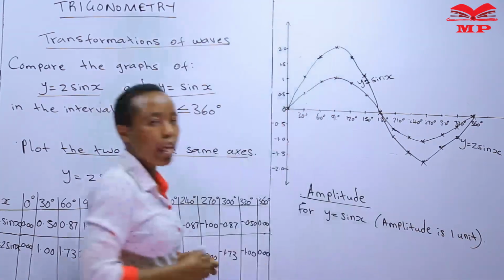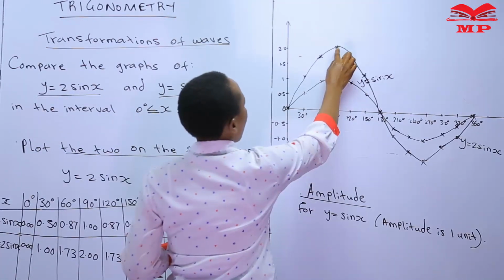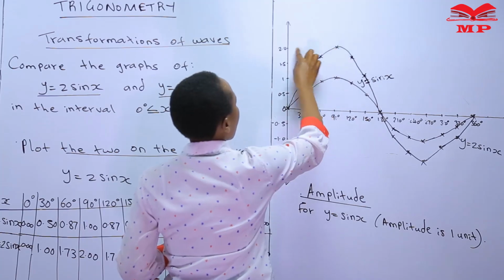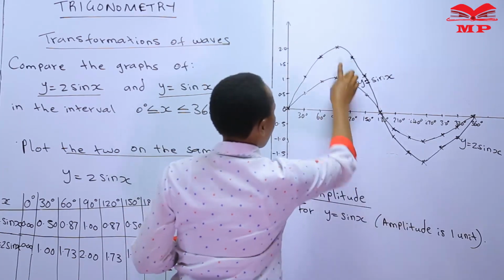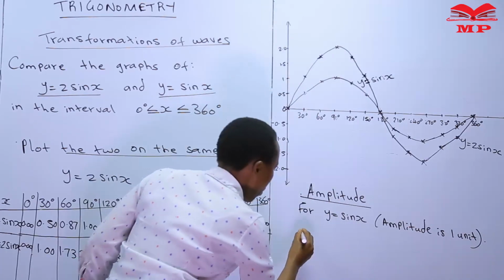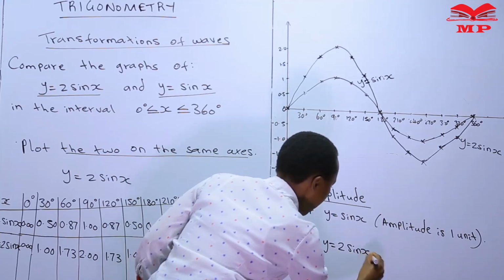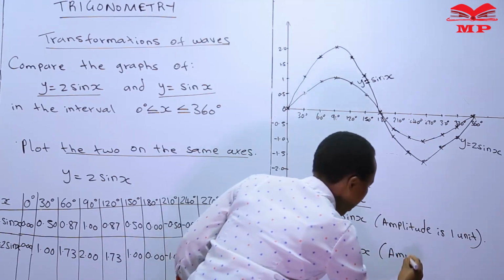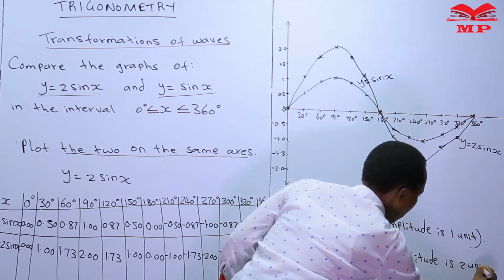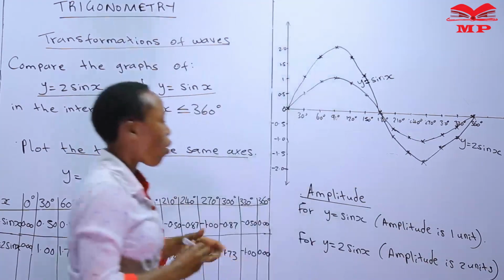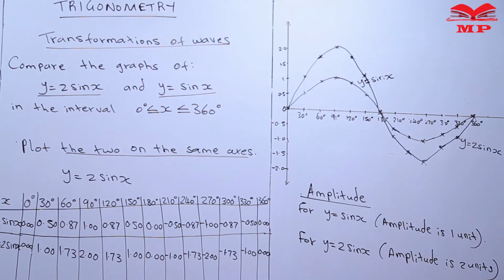Then for the other one, the maximum displacement on either side is 2. So for y is equal to 2 sine x, the amplitude is 2 units. We've compared the amplitude. We can also compare the period.